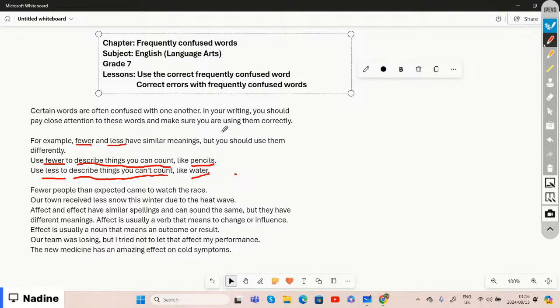All right, and if we look at another example of fewer, it says fewer people. Remember, things that you can count, and of course people we can also count.